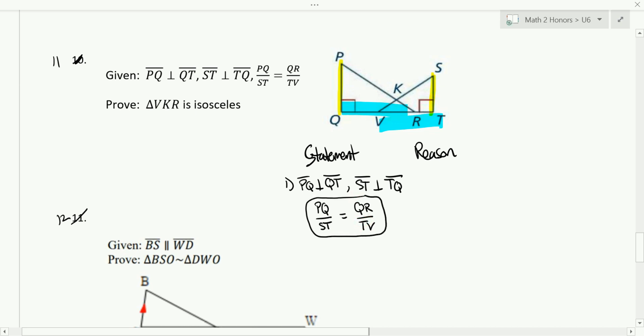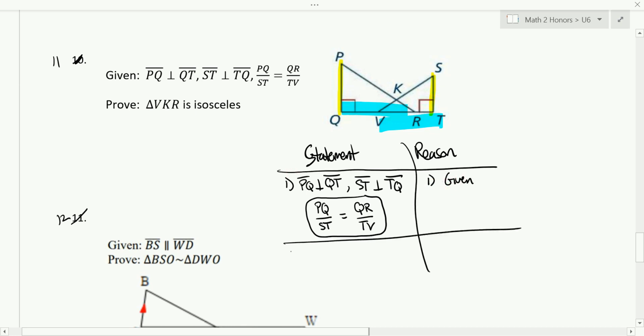That was all the work we were doing on the other ones where we had to establish that. They've already established that for us. So we already have the side and side. We just need the angle in between. That's all given. So all we have to argue now is that we have an angle congruent to an angle.